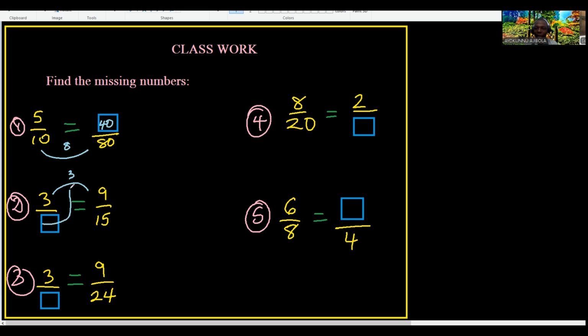So what times 3 will give me 15? That's 5. Okay, 5 times 3 is what? Is 15, right?